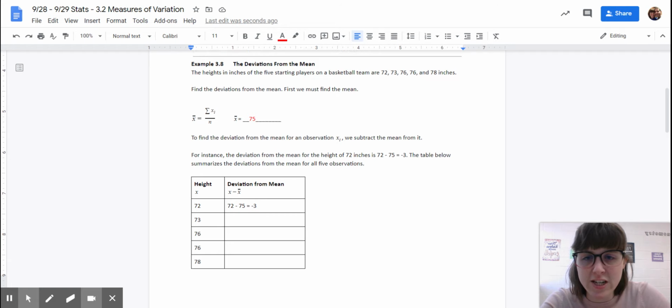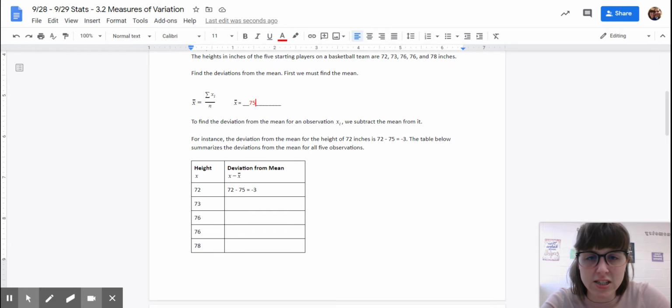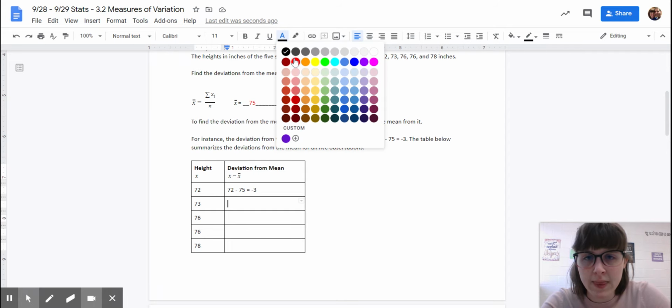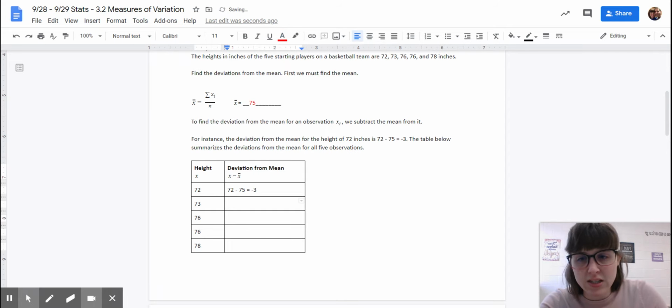So to find the deviation from the mean for an observation X sub i, we subtract the mean from it. So you're going to take each of these numbers for the height and subtract the mean, which was 75. Okay, so we have 72 minus 75, which equals -3. And 73 minus 75, which equals -2.